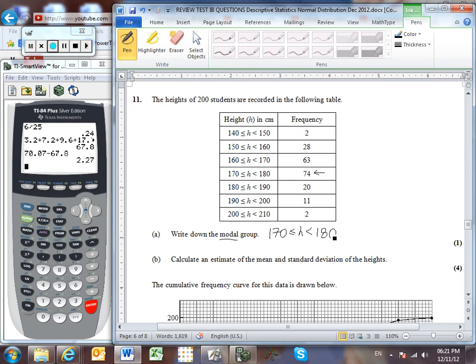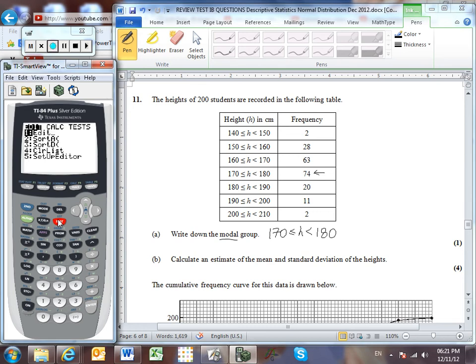use the mid-interval values. So we'll go to Stat, Edit, and inside, let's clear these first. Right, so we've got our mid-interval values of 145, 155, 165, 175, 185, 195, and lastly 205.